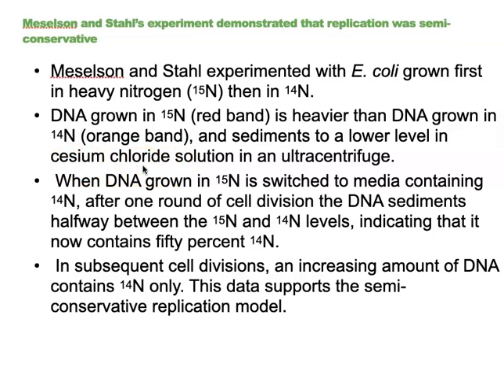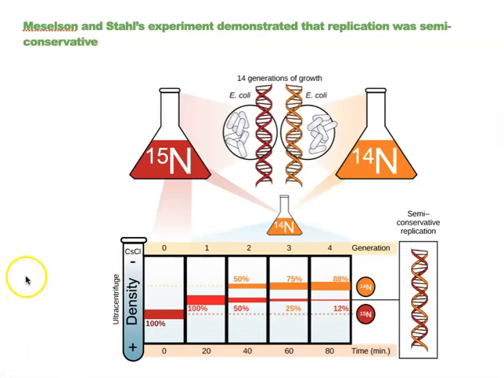Cesium chloride is a really, really dense salt. You layer the DNA, it's now 15N or 14N, and it should separate by mass in the centrifuge over a period of time. And that's actually what happens.